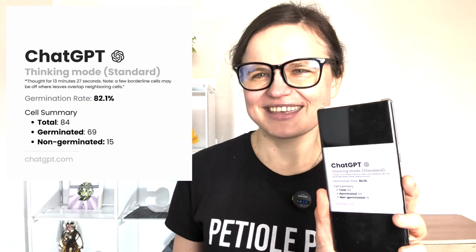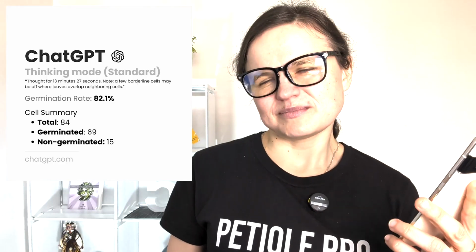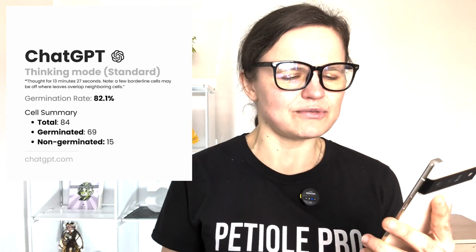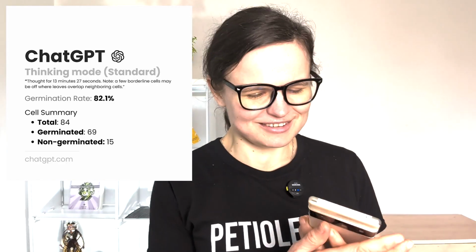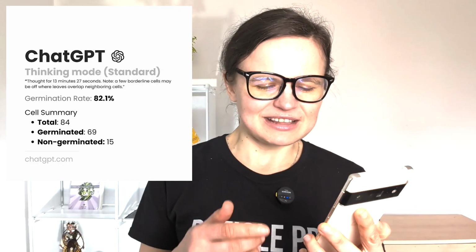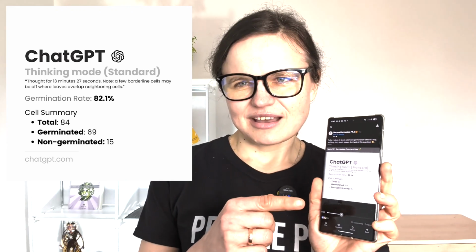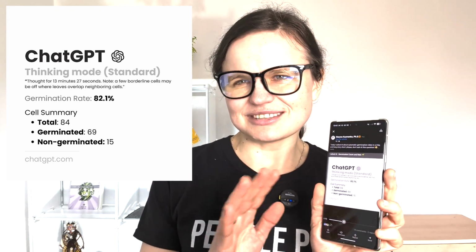So let's go. The first one is ChatGPT. As usual, because of the thinking mode it takes a little bit longer, 13 minutes, to find the right numbers, but at least the number of cells was counted correctly. In other models, it was not.